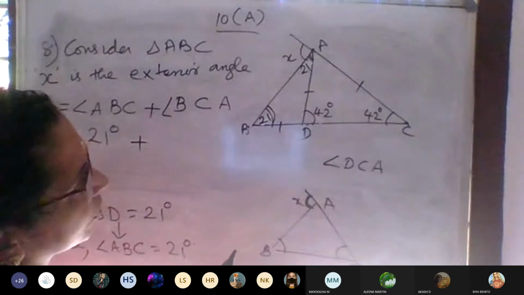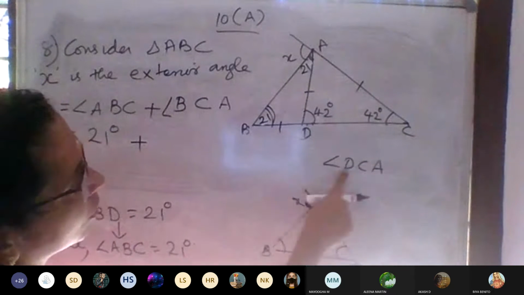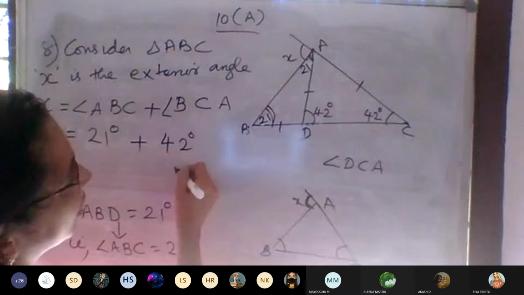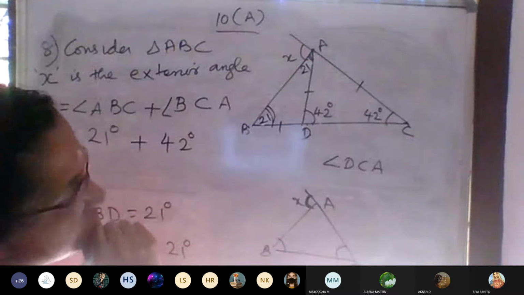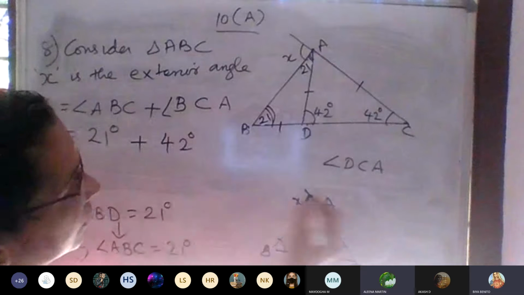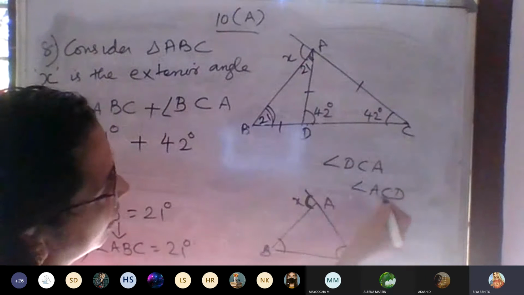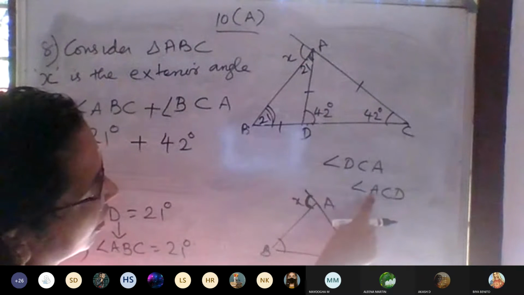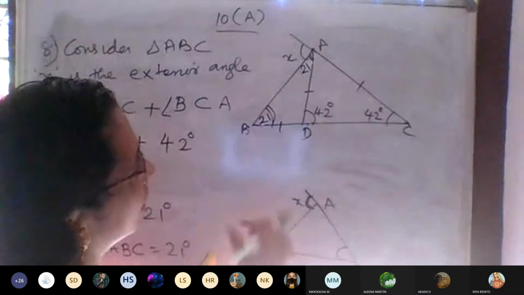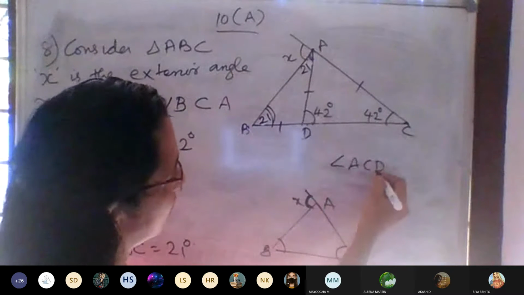Look at D or B, which one we wrote? This is 40. We wrote angle ACD. Yes, ma'am. So near that, ACD means what? We wrote angle ACD, no?